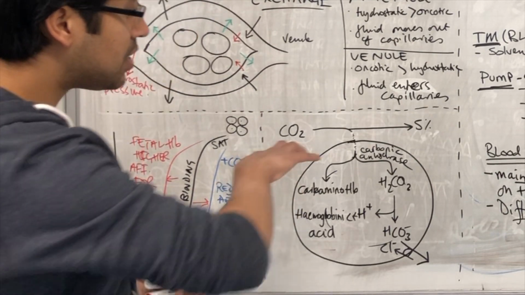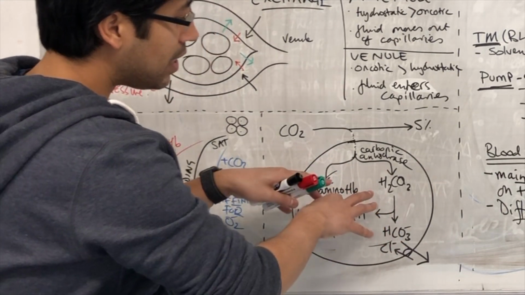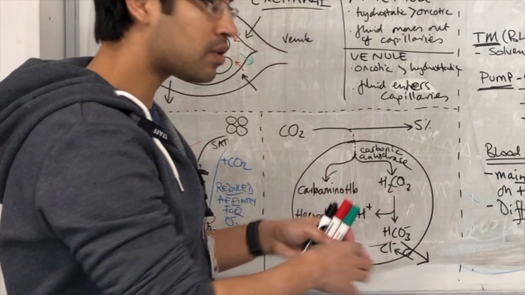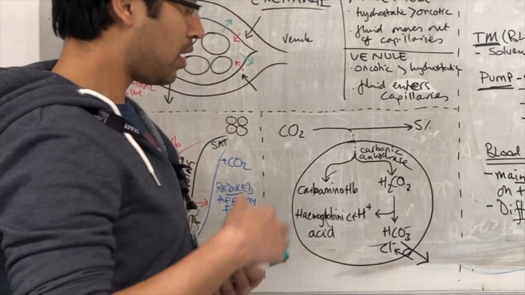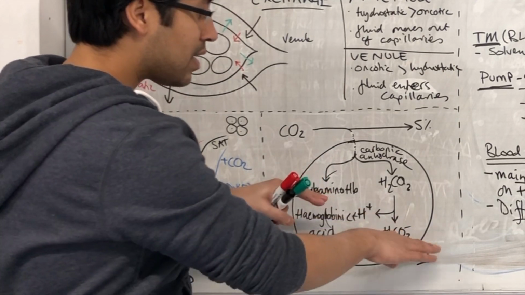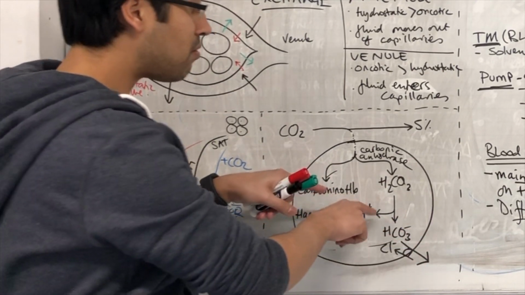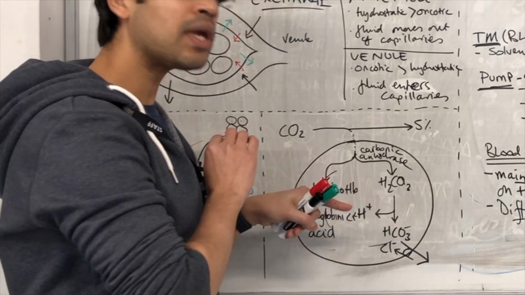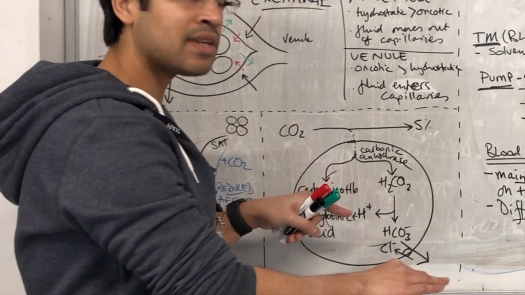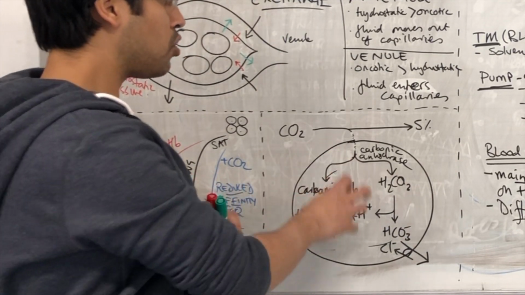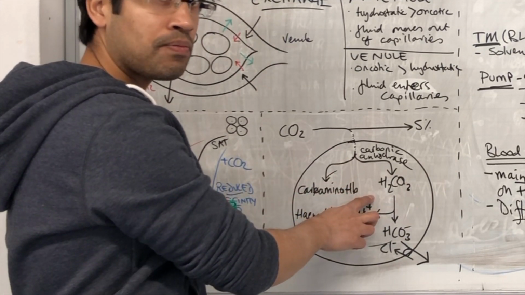Because if the negatively charged ions just keep going out, at some point we'll get a gradient of negative charge outside and positive charge inside, which might prevent more HCO3- from being able to exit, which will limit the capacity of the red blood cell to actually transport CO2.